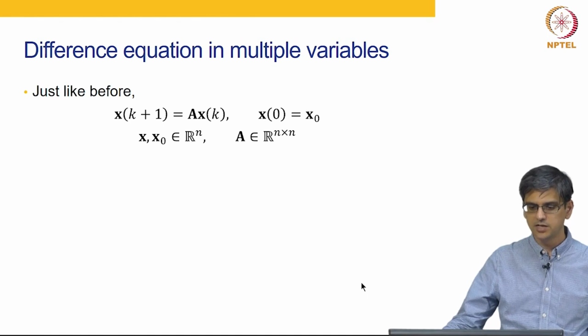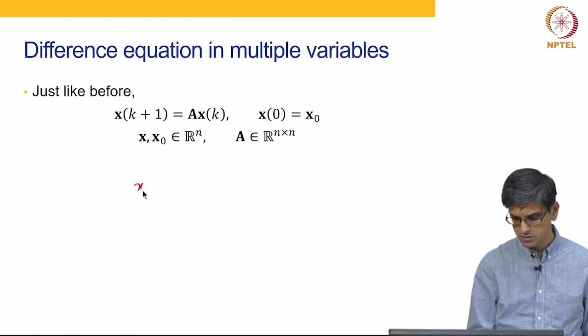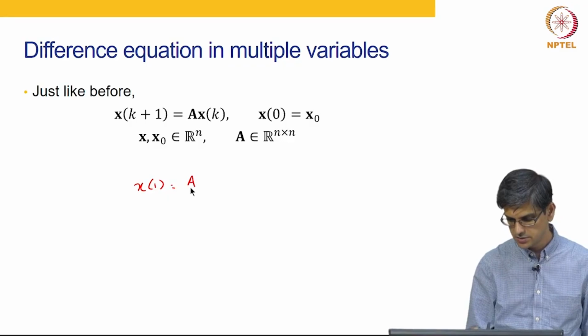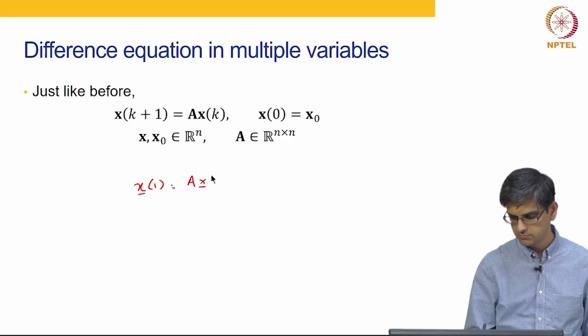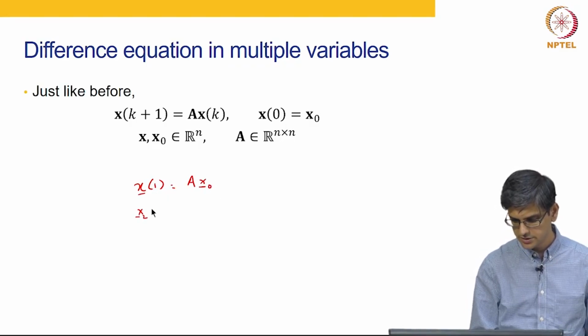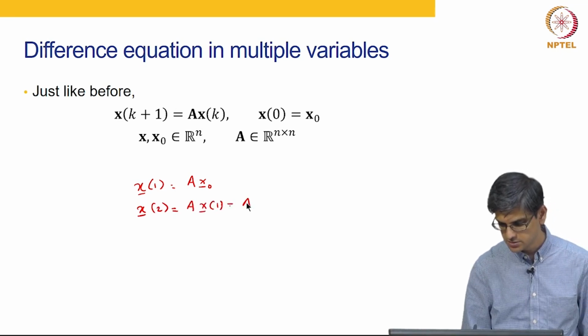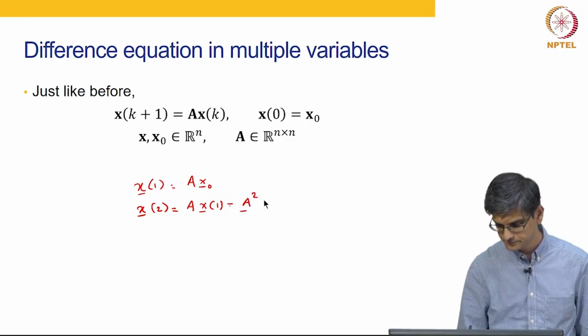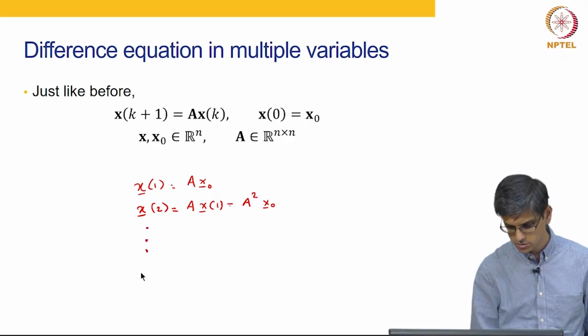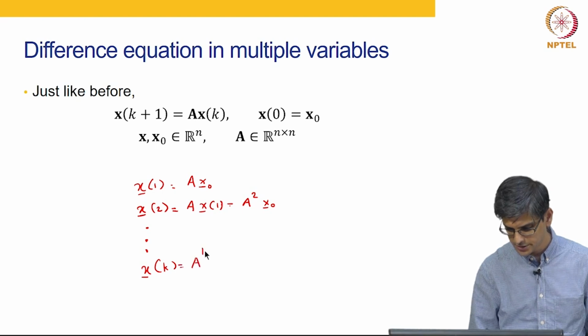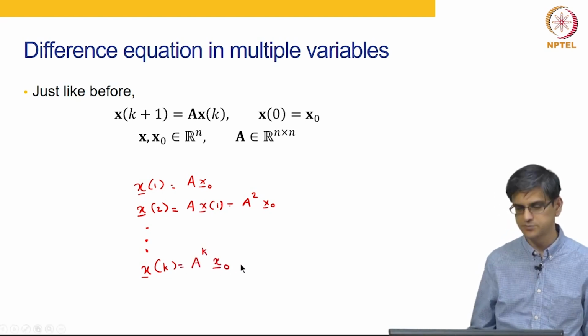Okay. And just like before, x bar 1 is A x bar 0, x bar 2 is A times x bar 1, which is A square x 0, and so on up to x bar k is A to the power k x bar naught.